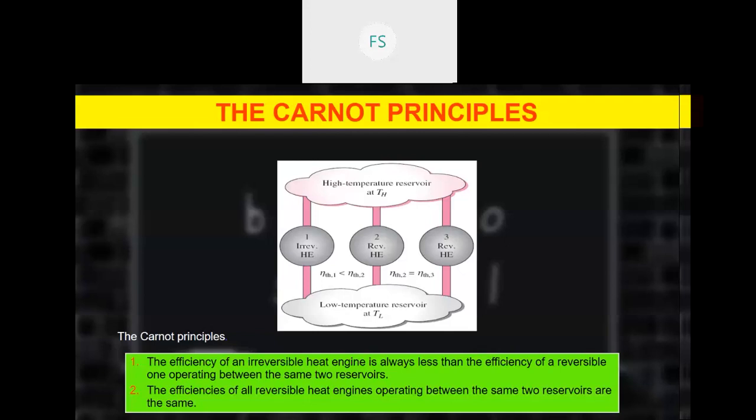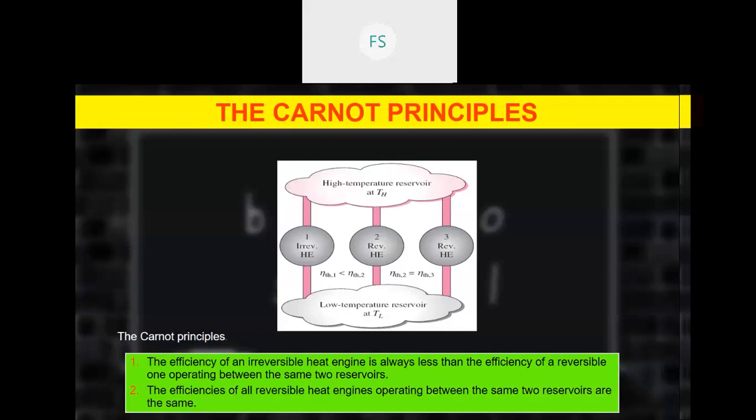The source is TH and the sink for both is TL. So Carnot said the efficiency of an irreversible heat engine, heat engine number 1, is always less than heat engine number 2, reversible.